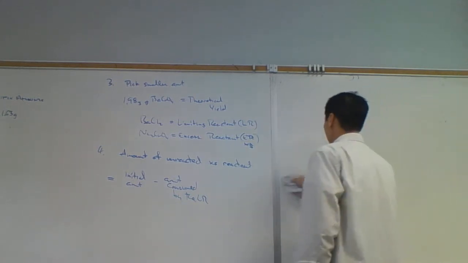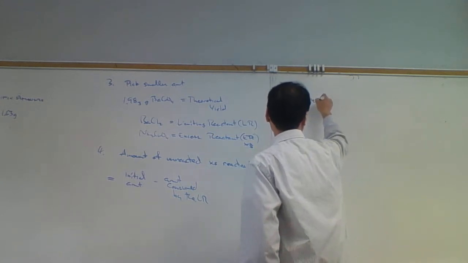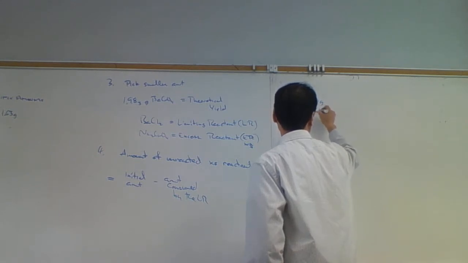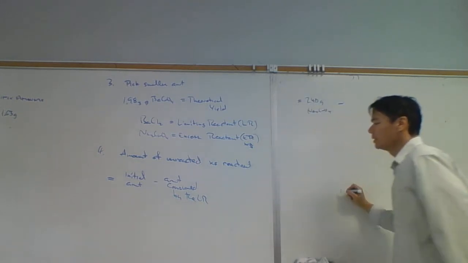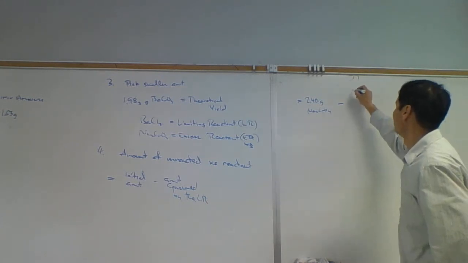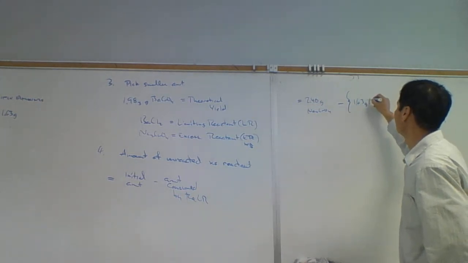Well, the initial amount is 2.40 grams of sodium chromate, what we started with, minus the amount consumed by the limiting reactant. What was the limiting reactant? The limiting reactant was the 1.63 grams of barium chloride.